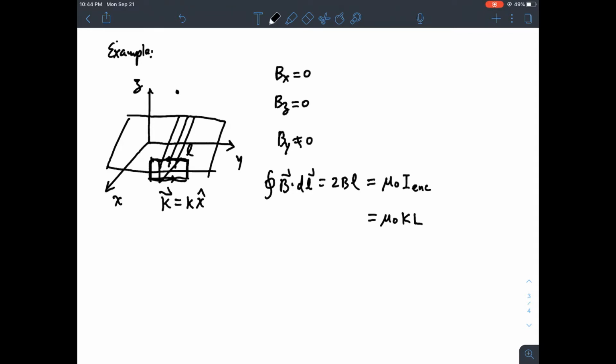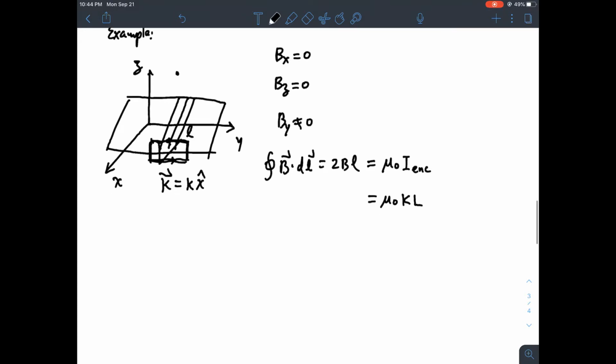So what you find is that the B field value is really mu 0 K divided by 2. So that is the magnetic field amplitude.